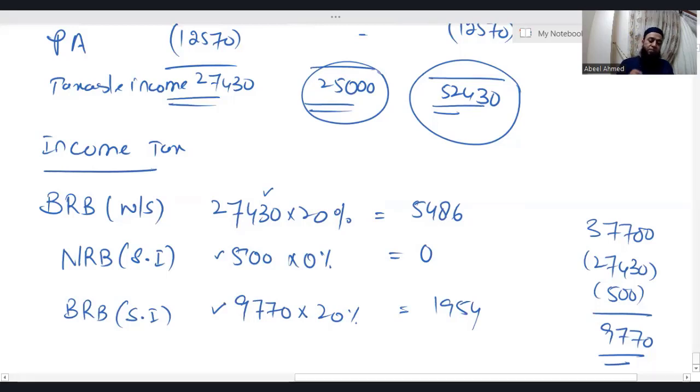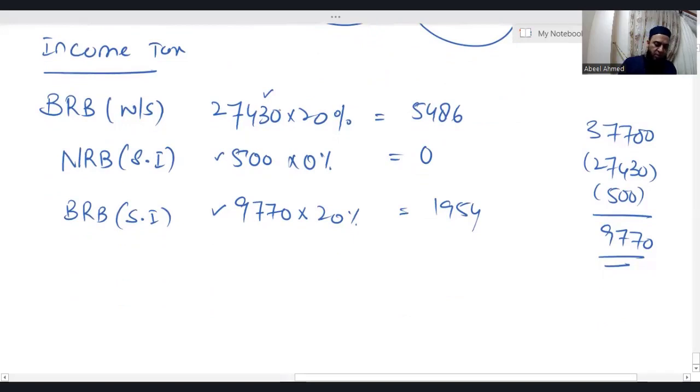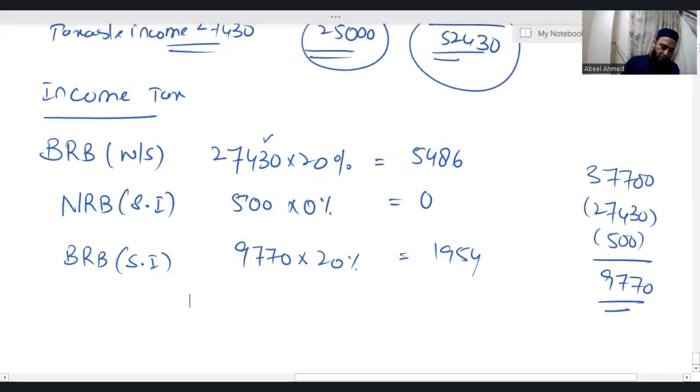So obviously we are going towards the higher rate band, where the applicable tax rate is 40%. From this 25,000 interest income, saving income, you have to deduct the nil rate band of 500 and 9,770. Whatever the remaining amount is falls in the higher rate band. If you make the total of these three, it is 37,700, which means the basic rate band is utilized.